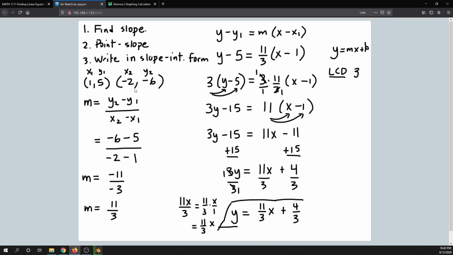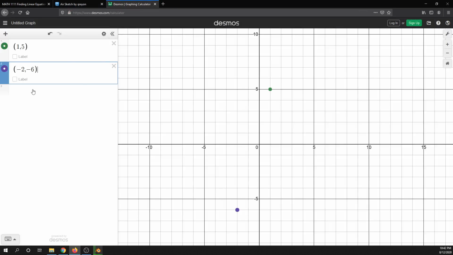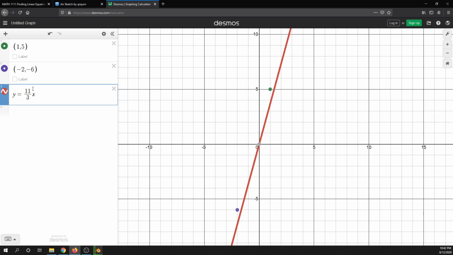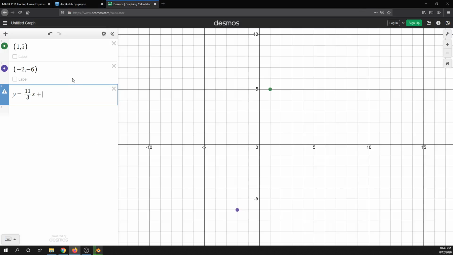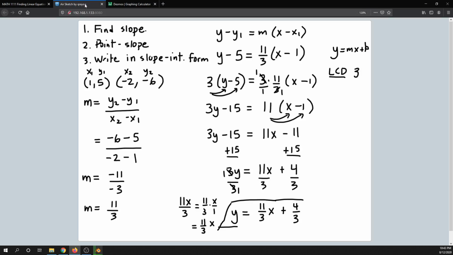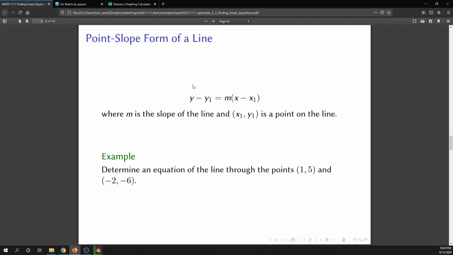And our equation is y equals 11 thirds x plus 4 thirds. And you can see that that line goes exactly through those 2 points. So we have found the equation of the line joining those 2 points. Okay. So that is point slope form of a line.